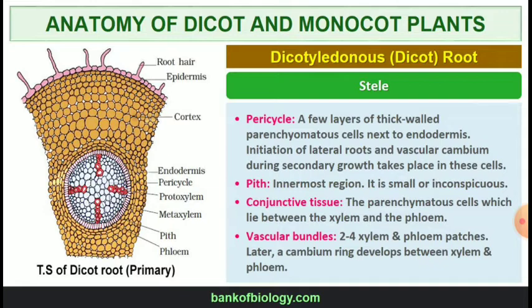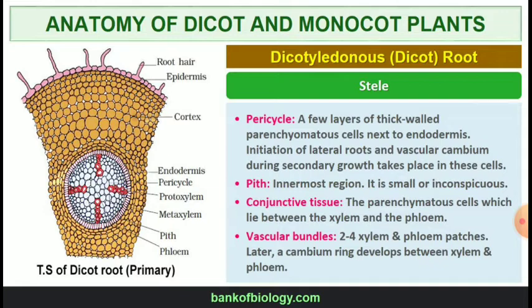Initiation of lateral roots and vascular cambium during secondary growth takes place in these cells. The pith is the innermost region. It is small or inconspicuous. The parenchymatous cells which lie between the xylem and phloem are called conjunctive tissue.